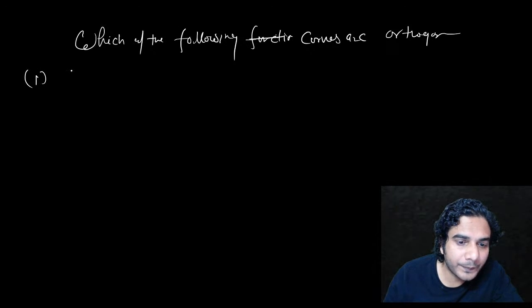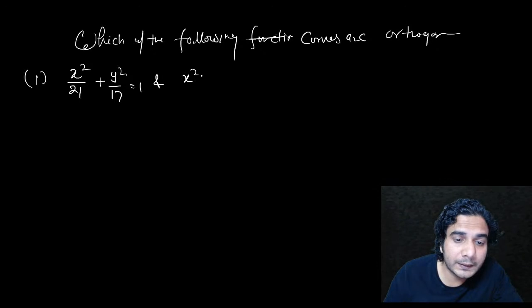The first option is x square by 21 plus y square by 17 is equal to 1, and x square by 3 minus y square by 1 is equal to 1.